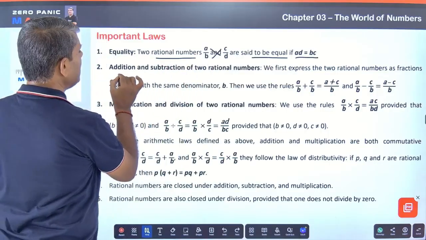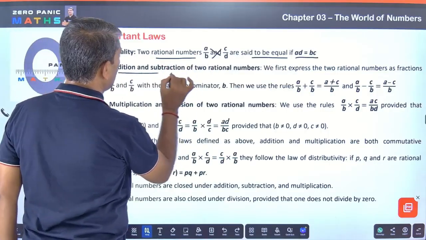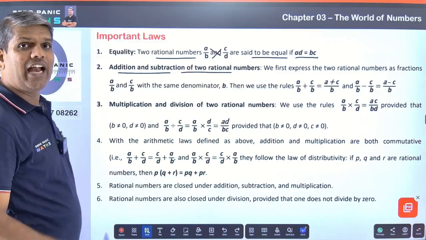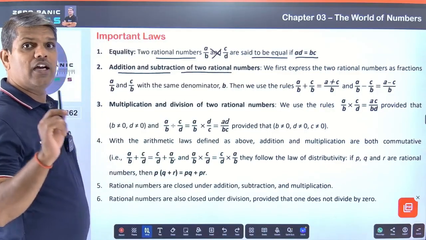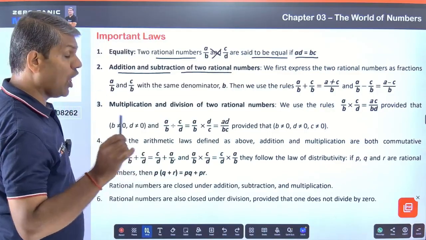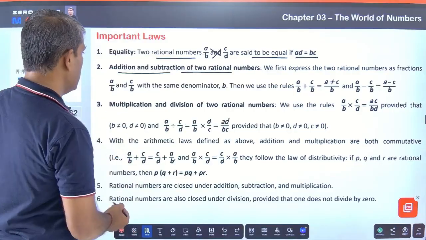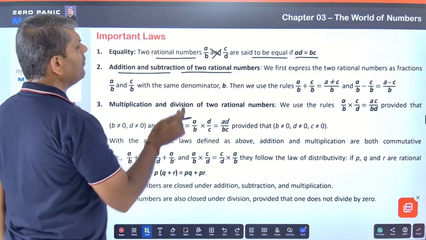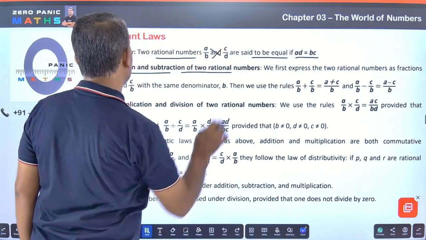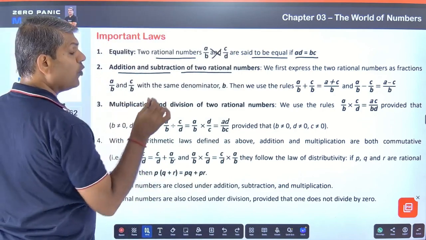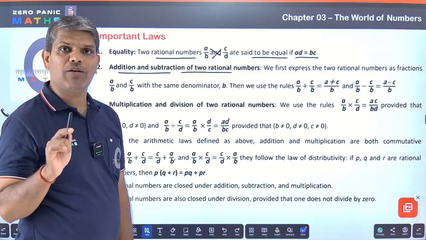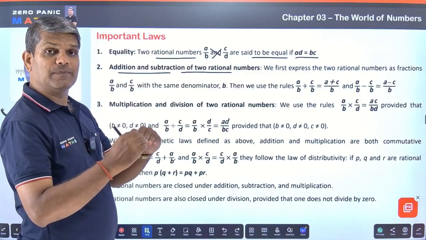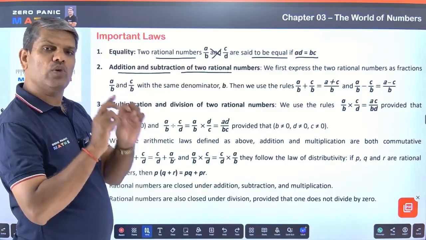Okay, addition and subtraction law. For two rational numbers, when you add and subtract, what should be the important point to remember, and how should the addition subtraction be performed? Now assume that we have two numbers, A by B and C by D, but before you start adding the two numbers, you should convert the denominator of the two numbers to equal value.